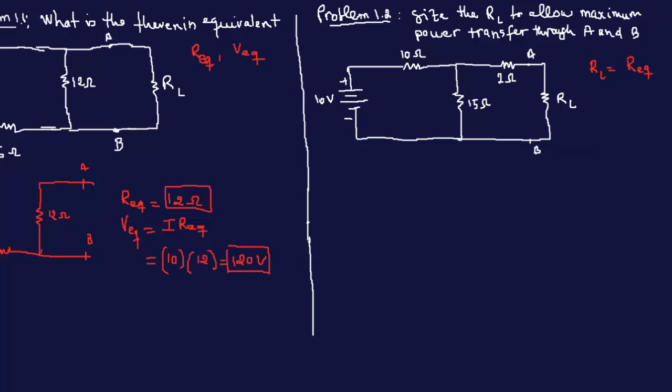So what's Req? To find Req, we have to short circuit the voltage sources or open circuit the current sources. Since here we are dealing with a voltage source, we have to short circuit it, not open circuit. So this is what we have. When you short circuit, you have 0 resistance.